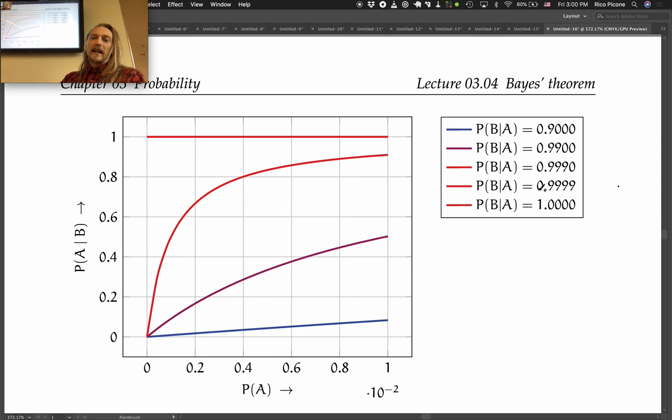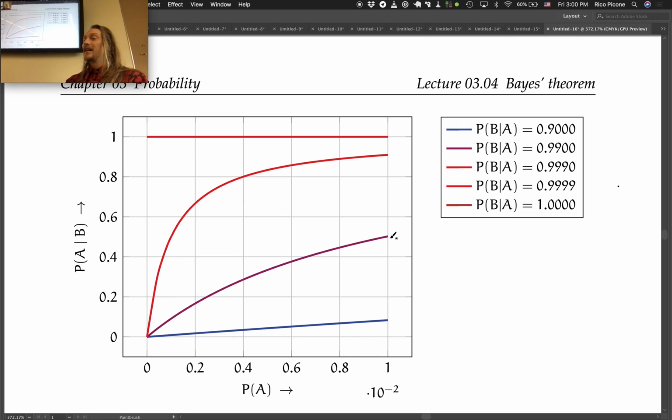So then if you say, okay, 99.9% chance, I mean, even if there's 1% chance of something happening, if the test indicates that it is the case, then still it's only 50% chance, if the result came back positive, that thing actually happened.